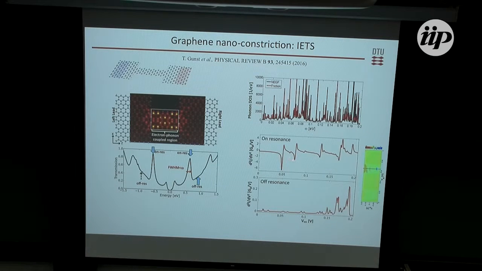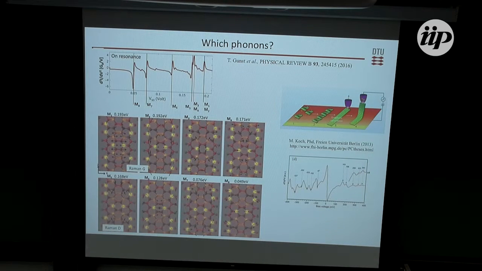So you see that the size of the signals depend, and to some extent also which signals you see, but okay, I cannot give a good explanation exactly, but of course it has to do with the wavelength of the electrons you are changing. But this is when we are on resonance and we have the strongest signals.